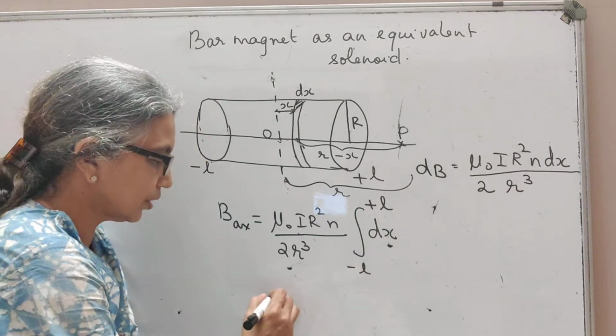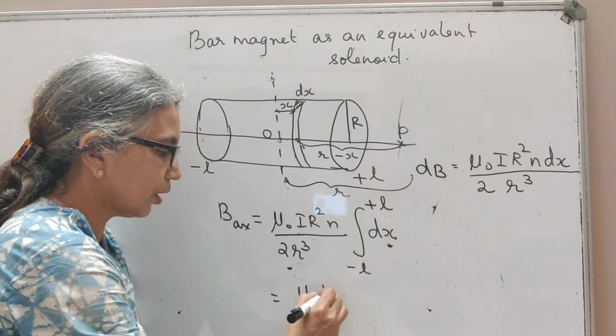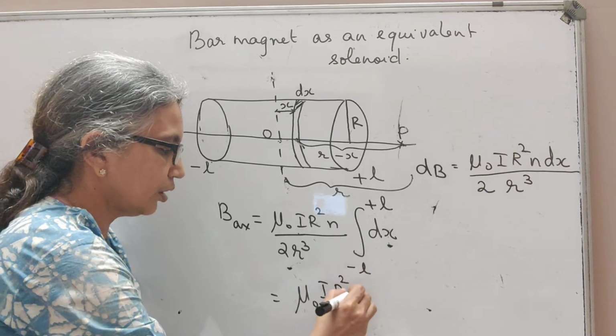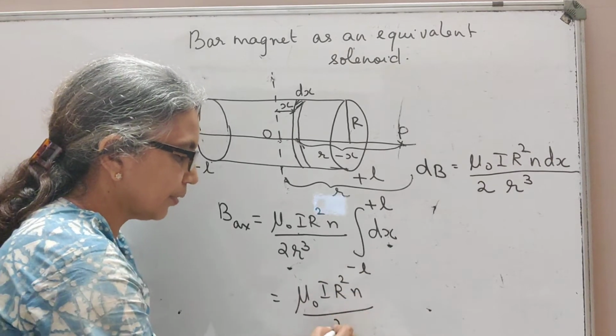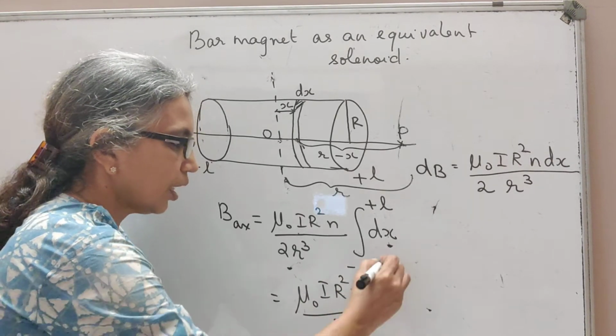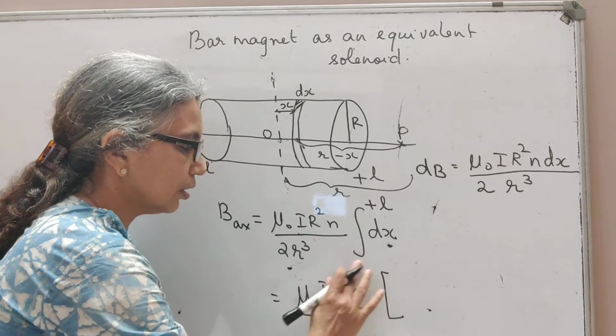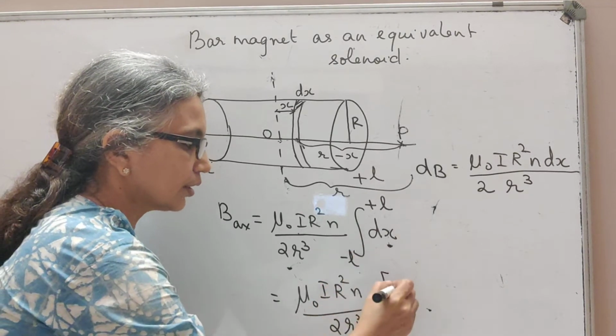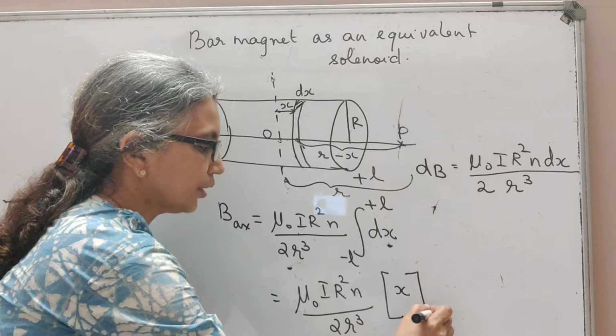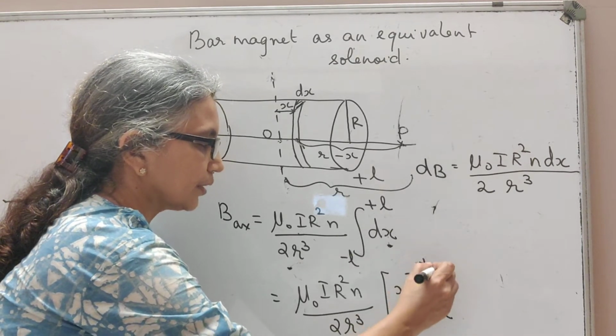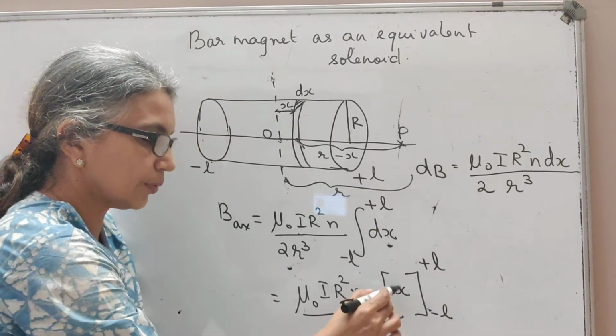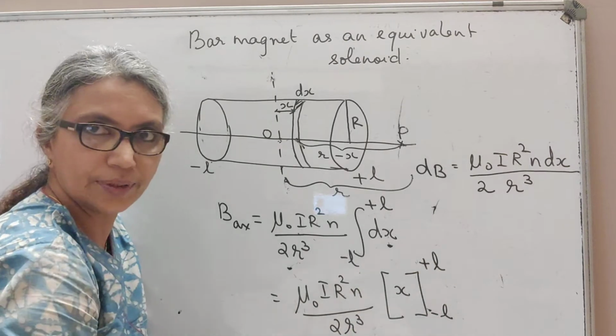Okay. So this is equal to mu 0 I r square into n divided by 2r cube. After integration, dx is x between the limits minus L and plus L. Now this will be upper limit minus the lower limit.